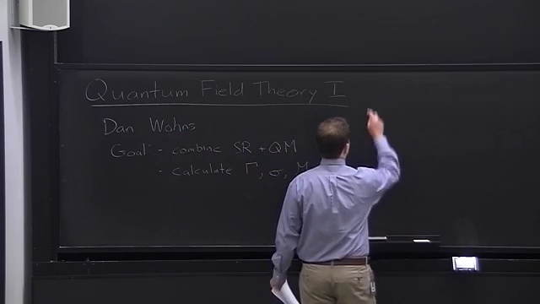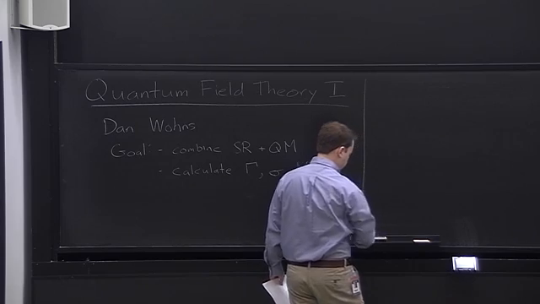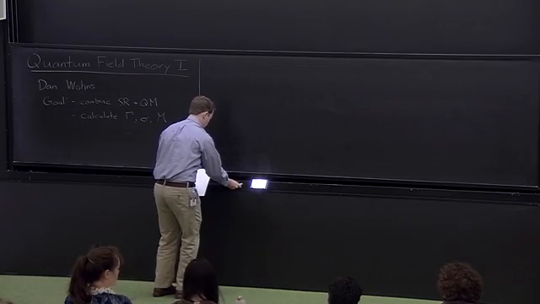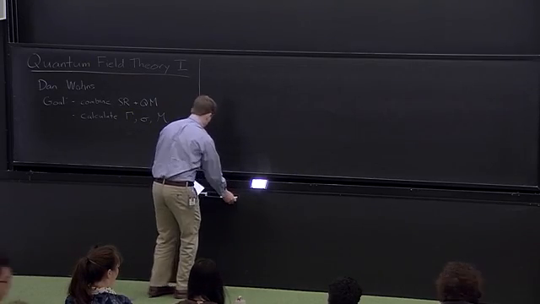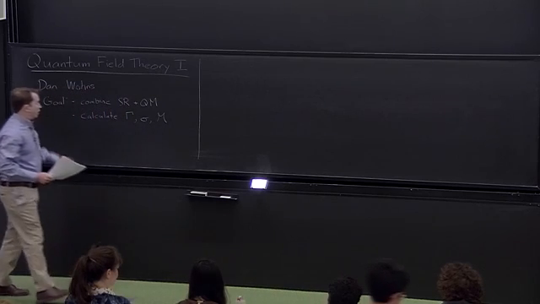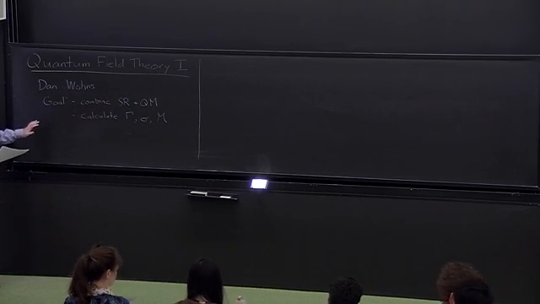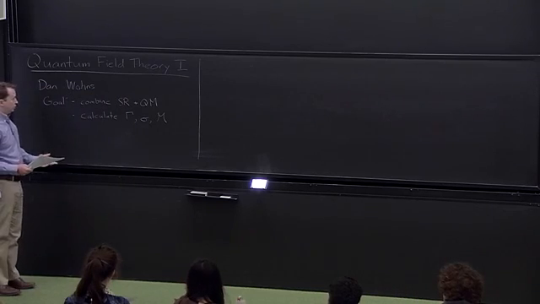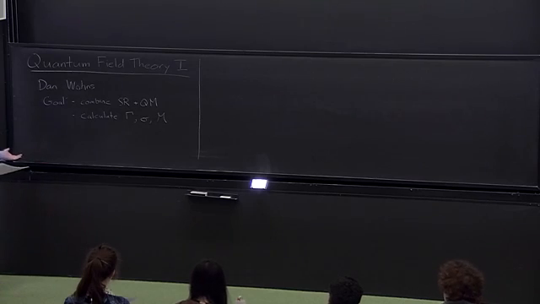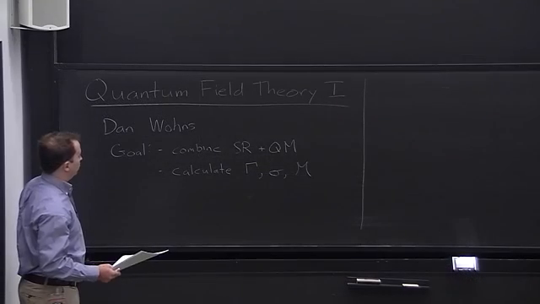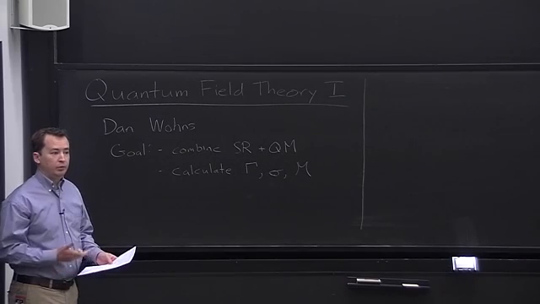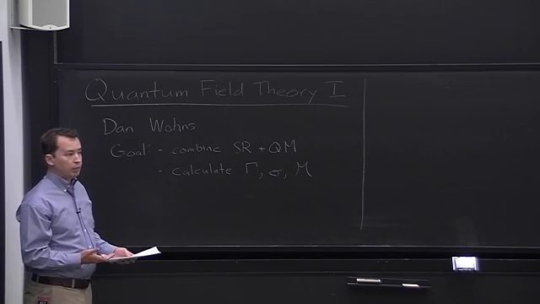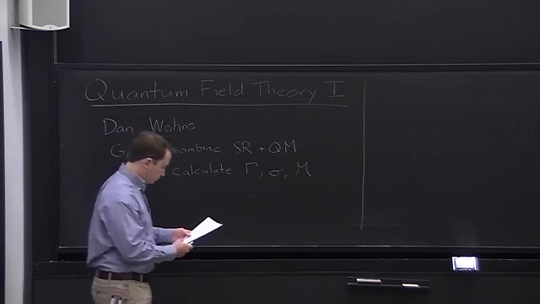But before I do that, I'd just like to elaborate a little bit about why we are starting with a classical field theory and quantizing it instead of, you can imagine another way to approach quantum field theories, starting with single particle quantum mechanics and trying to make it obey special relativity.